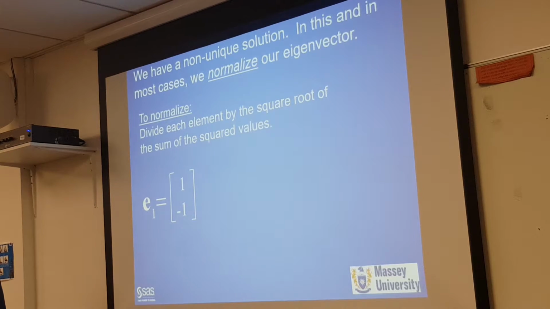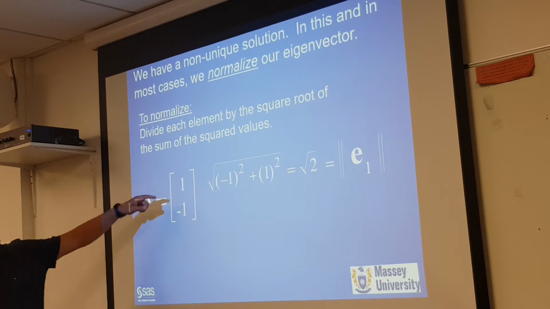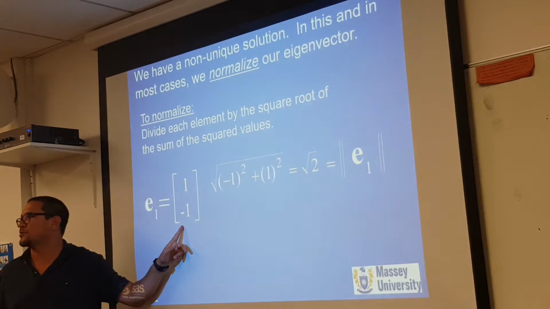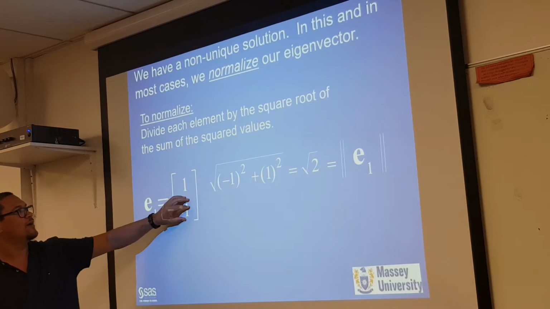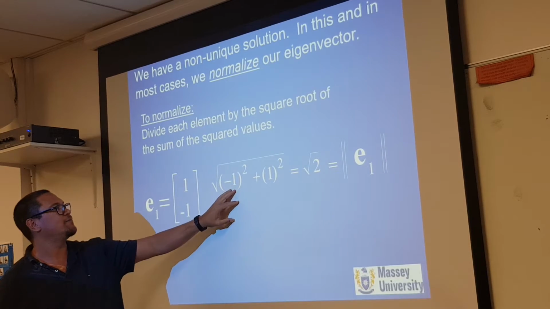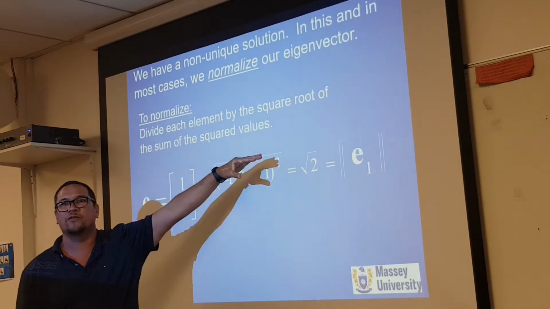So to normalize it, all we're doing, and this is going to look complicated but it's not really conceptually, is you divide each element by the square root of the sum of the squared values. All I do is take every element here and square it. It's just Pythagoras' theorem. I square all these values, sum them together, and find the square root of it.